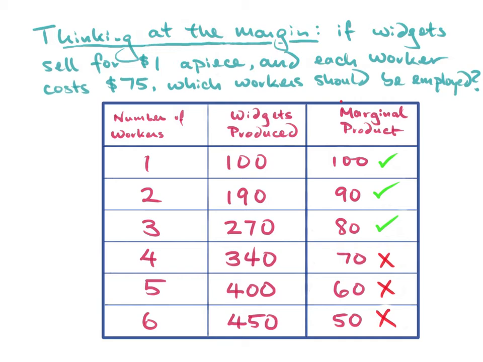So if the firm wants to maximize profit, it can think worker by worker. Is it profitable to employ the first worker? Is it profitable to employ the second worker, the third worker, the fourth worker, and so on? That's the idea of thinking at the margin, just thinking for each extra worker, does the worker bring in more revenue than the cost?